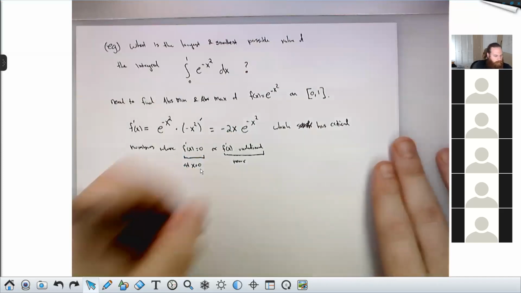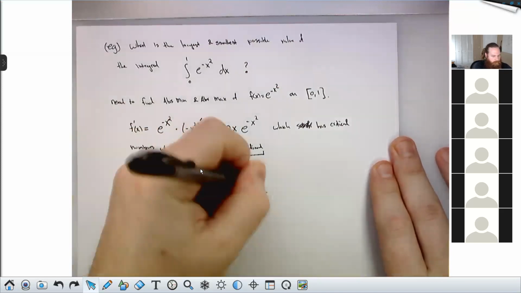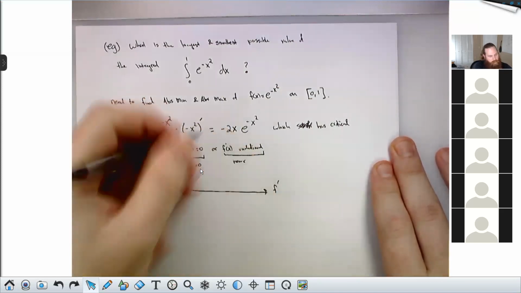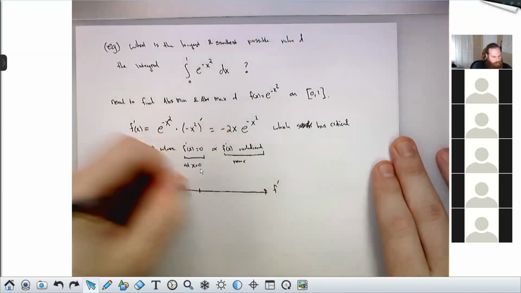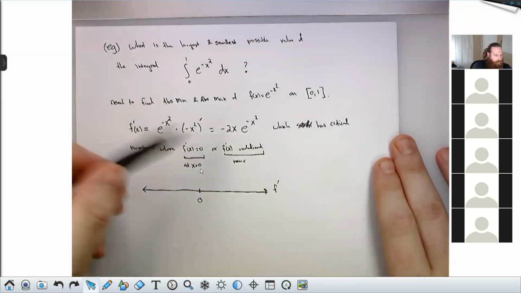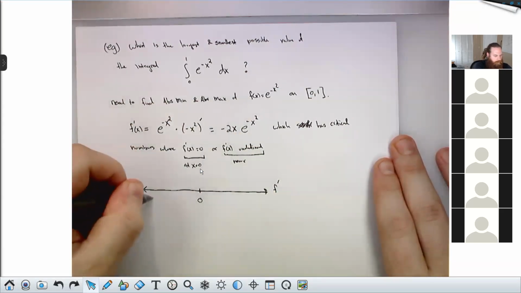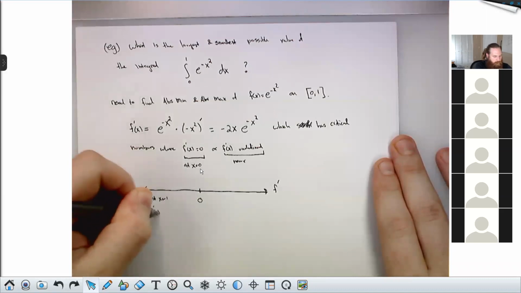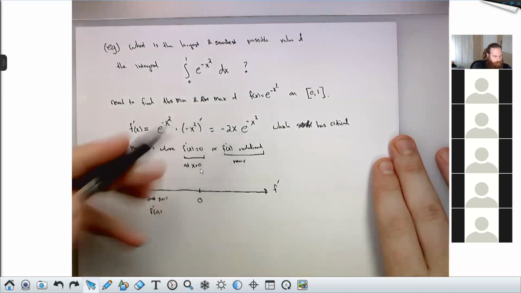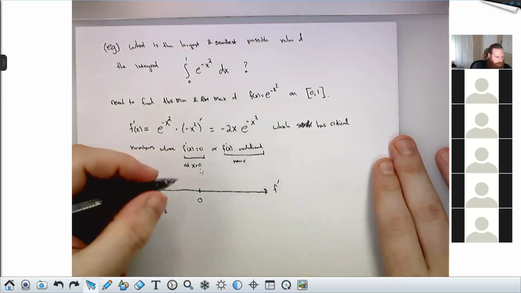So you can make a number line for f prime, which will tell you where f is increasing and decreasing. The only thing that really belongs on there is 0, because that's our only critical number. If you test a number to the left of 0, like -1, then f prime of -1 is -2 times -1, which is 2, times e to the -1 squared.